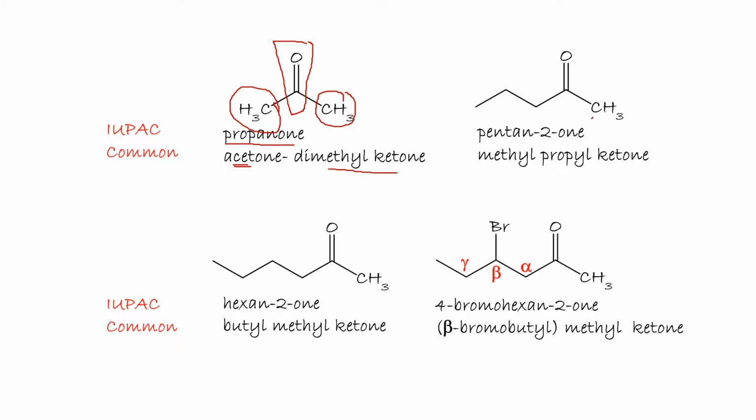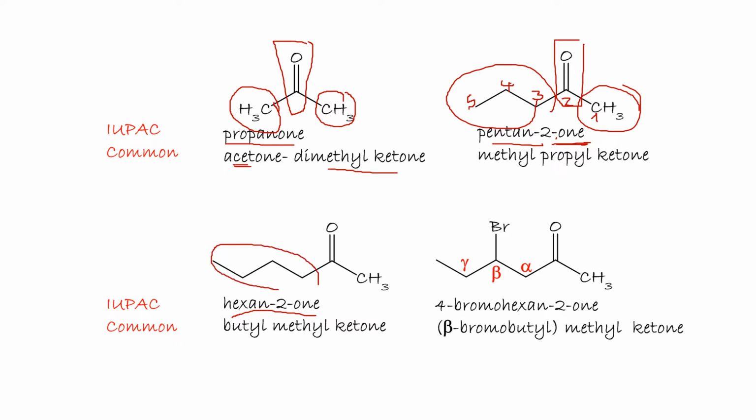Here is 1, 2, 3, 4, 5. So that's pentan-2-one. Or you can say it's methyl propyl ketone. Hexan-2-one. Common name will be butyl methyl ketone.